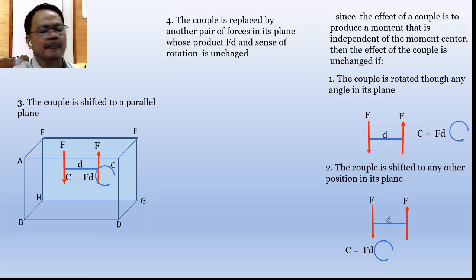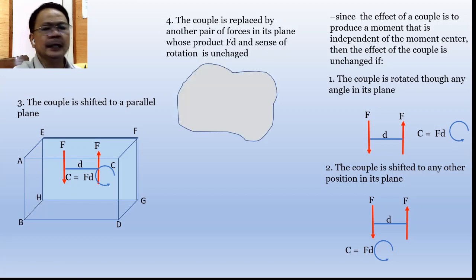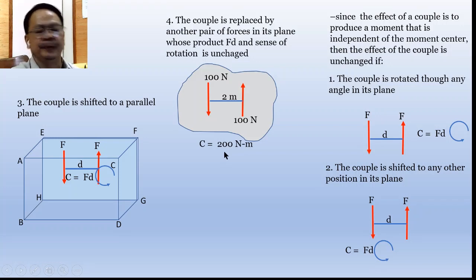What does that mean? To explain that, let us have here a body. And this body is subjected to this couple. A pair of 100 Newton forces oppositely directed, parallel in direction. And these two forces are separated by a 2-meter distance. Hence, this pair of forces will produce a couple equal to 200 Newton meter.